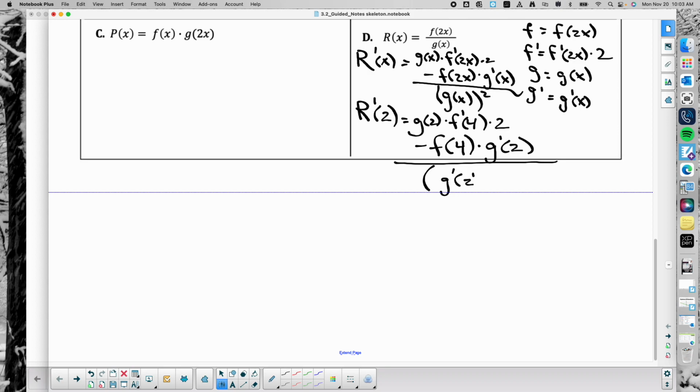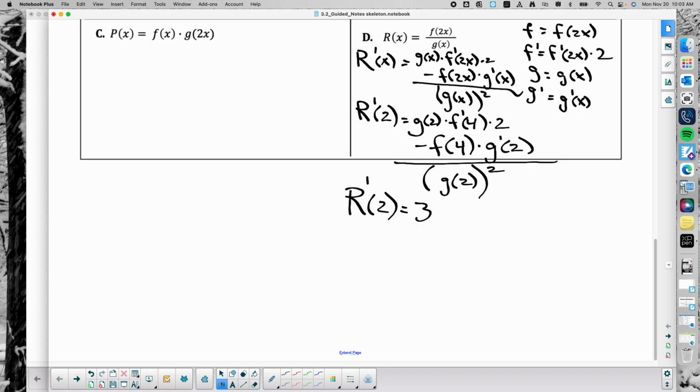That was close. G of 2. And I can't see the table at all. What's g of 2? 3? How about f prime of 4? 1 or negative 1?